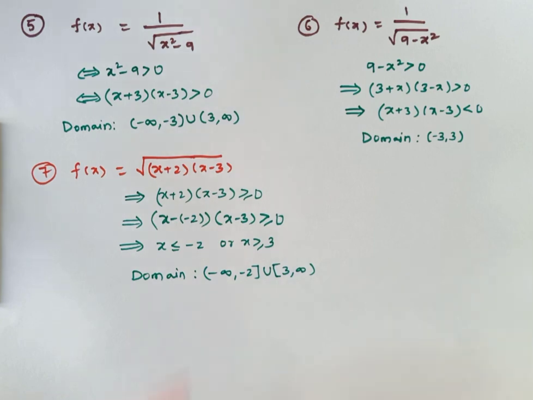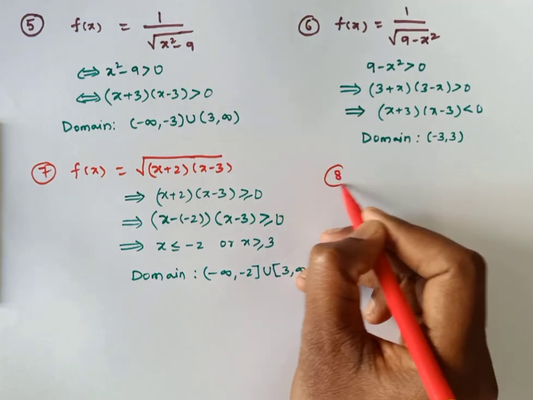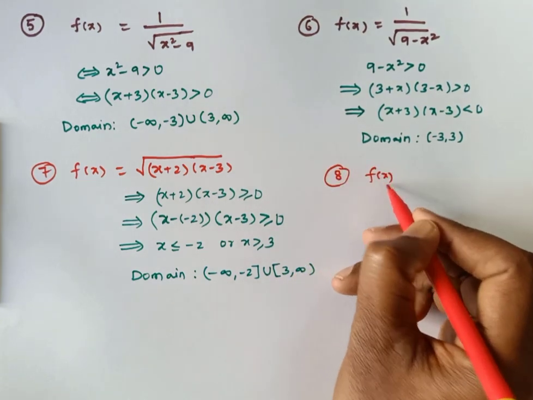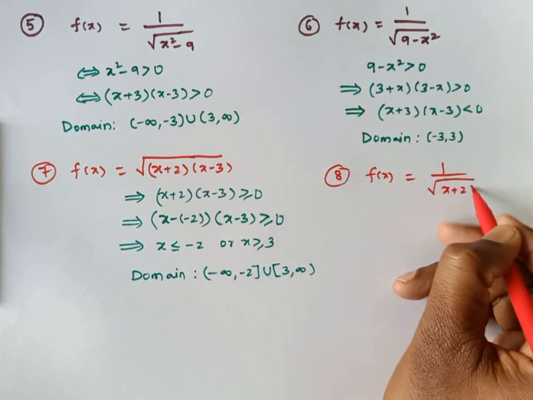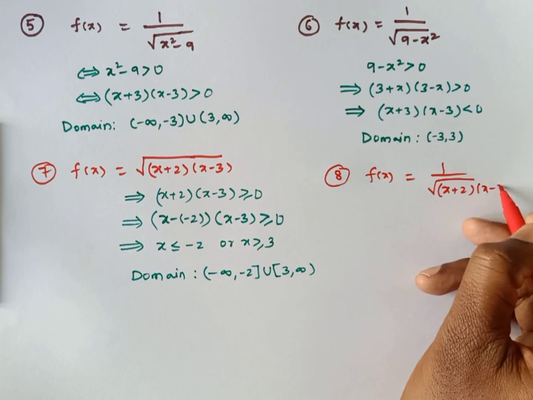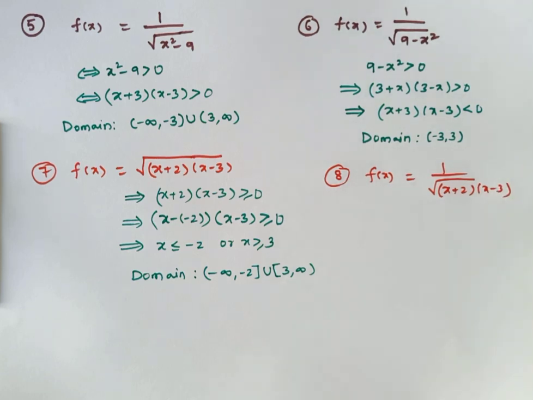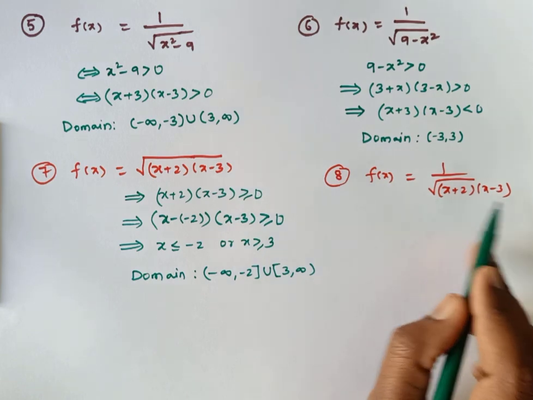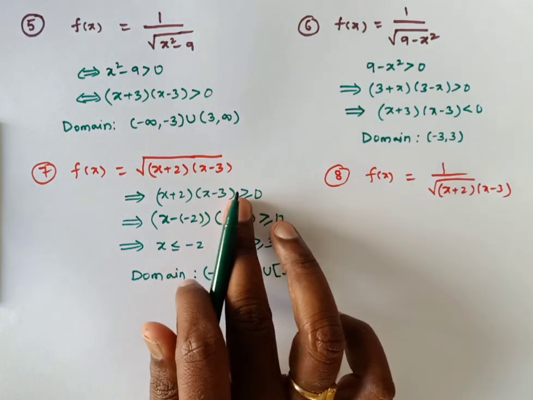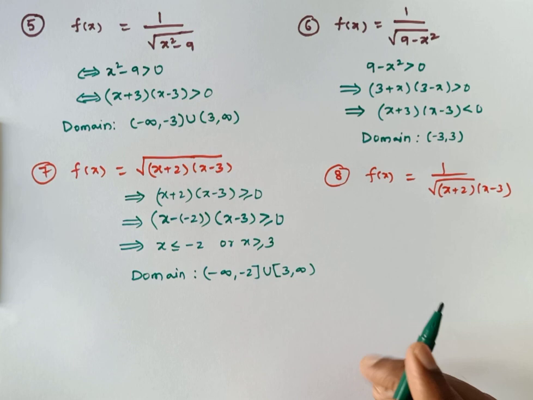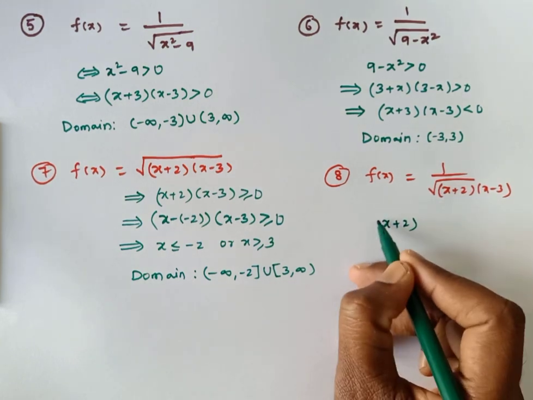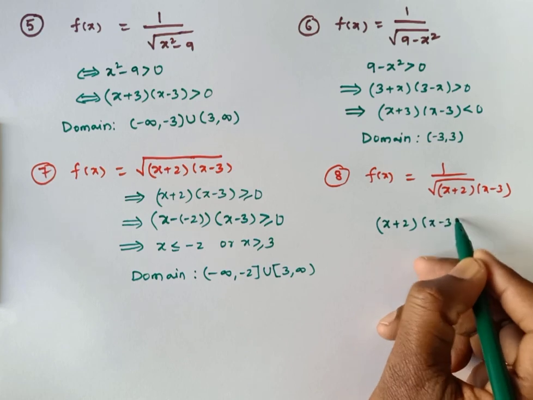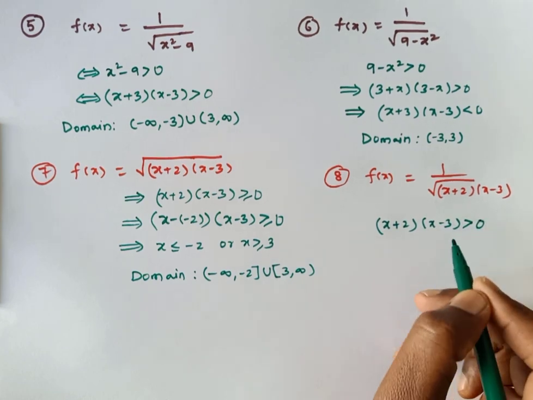If it lies in the denominator, then what happens? F of x equals to the same, it is a root of x plus 2 into x minus 3. Let it be. Then you can directly write the answer for this. What should not happen? X should not be minus 2 or plus 3. Similarly greater than or equal to 0, but the equal symbol gets removed. So simply here we can express for this type of problems as x plus 2 into x minus 3 is greater than 0.